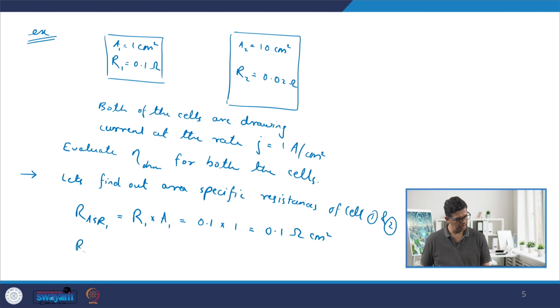And what is the area specific resistance of the second cell? It is again the complete resistance of the second cell multiplied by the total area of the second cell. So, it is 0.02 times 10. So, it is 0.2 ohm centimeter square.